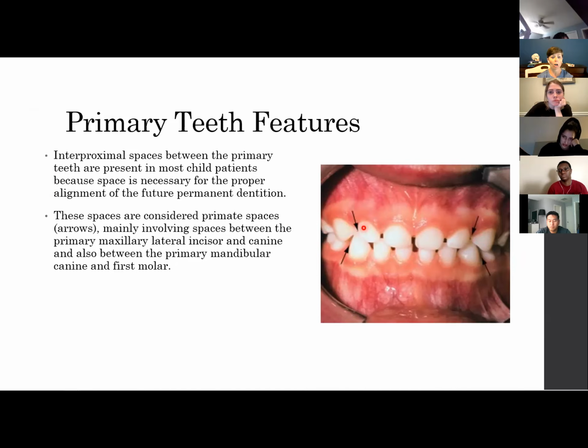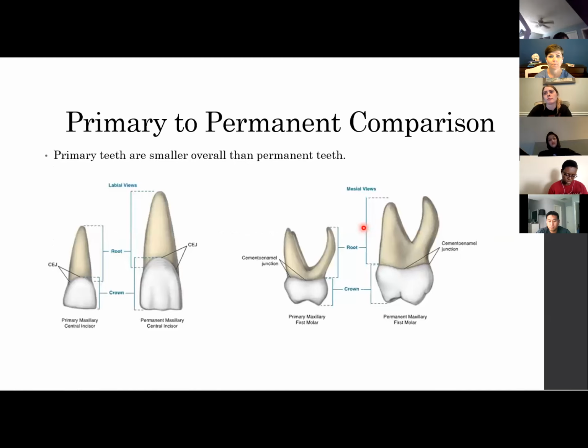These are called primate spaces. Like I just said, they are between the maxillary lateral and canine, and on the mandibular, between the canine and the first molar. So those are called primate spaces. That will come up in another class, I promise.